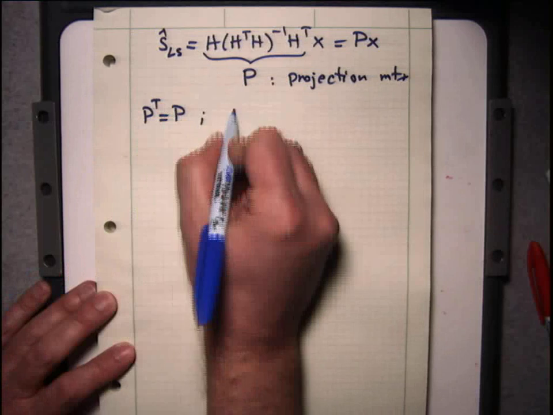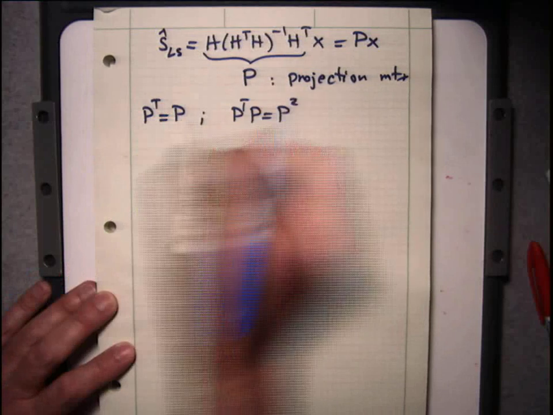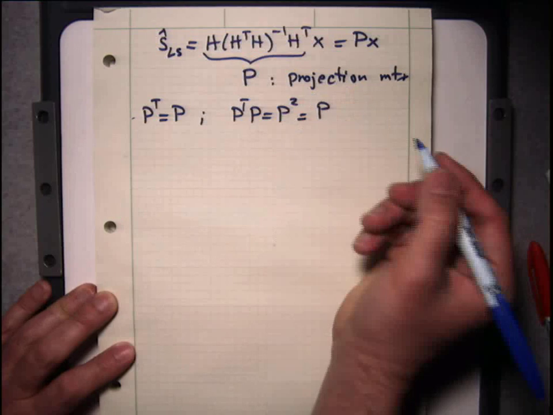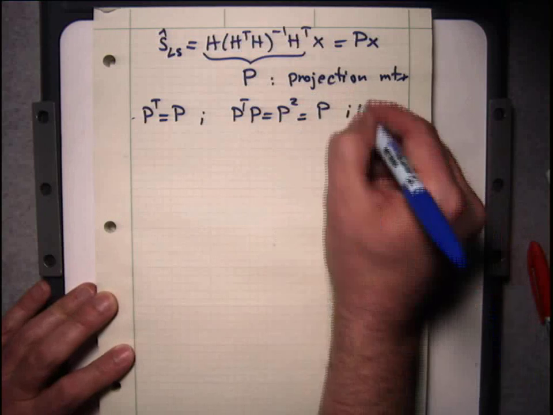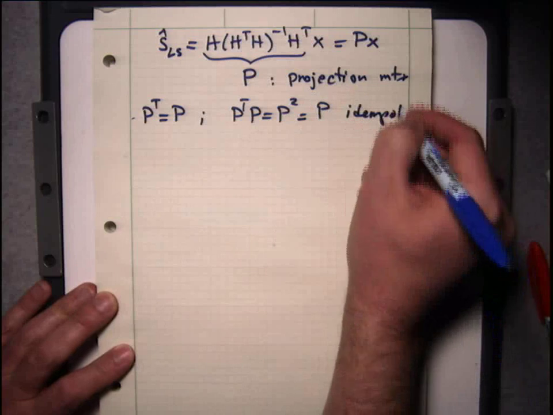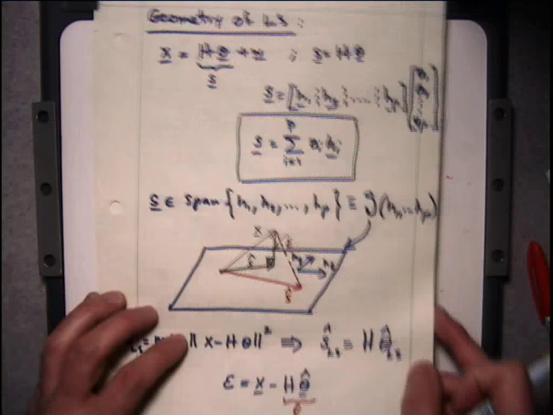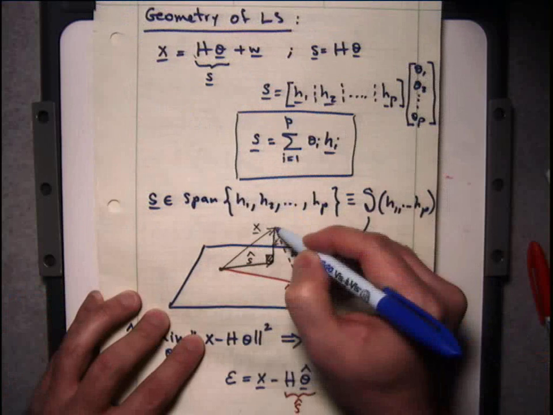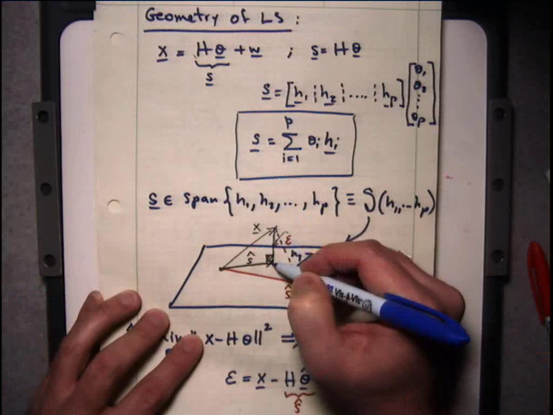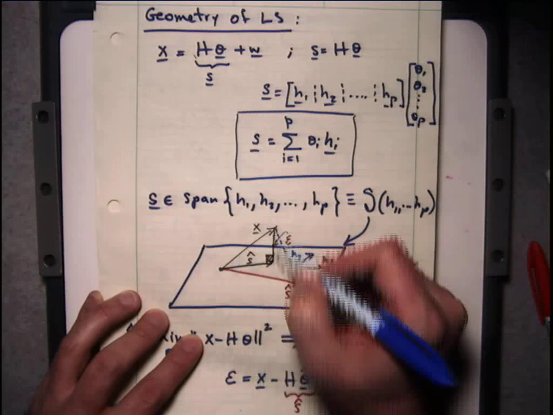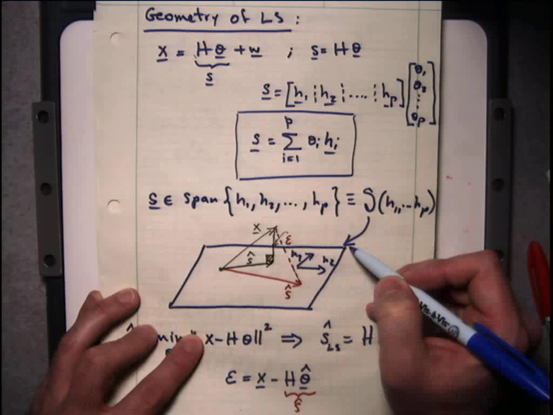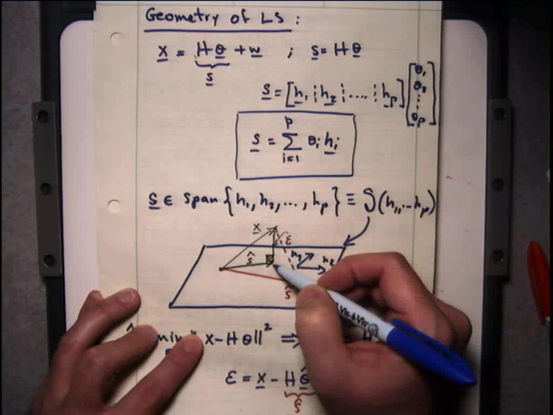And also P transpose times P, which is P squared because of the symmetry property, is equal to P. This is what we called idempotence. In other words, if you apply it once, its work is done. If you apply it again and again, it doesn't do anything. And the reason is this: what the matrix P is doing is taking this x and projecting it down to the space. It's an orthogonal projection of the vector x onto the space spanned by the columns of H. So once you've projected down, you're done.